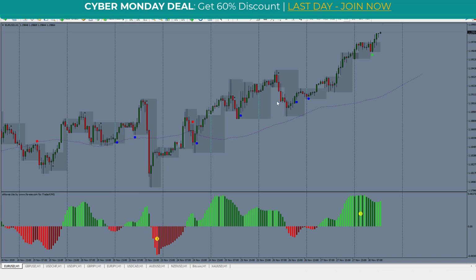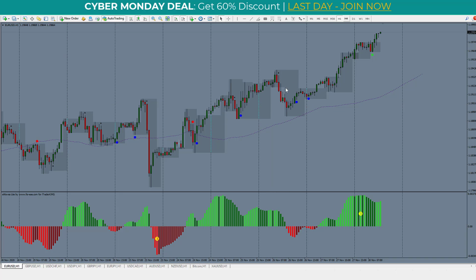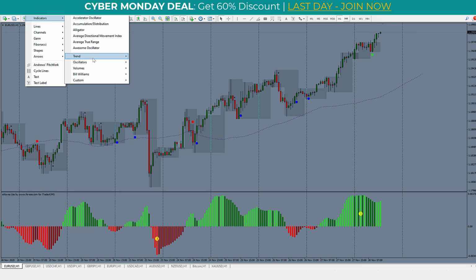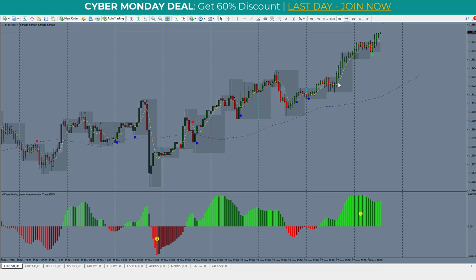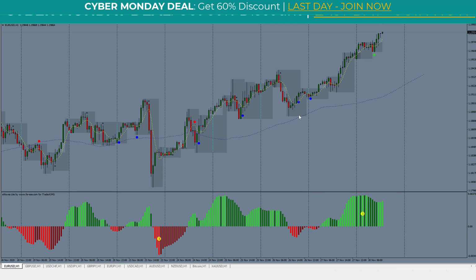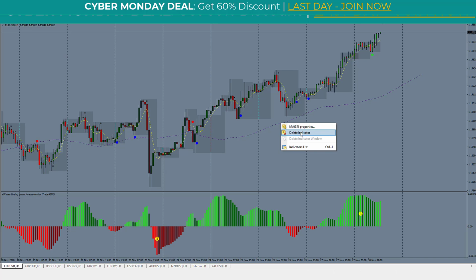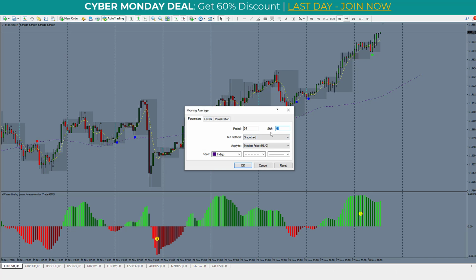Okay, so now I have removed the gator just to show you why we have this. So I'm going to bring a moving average. It's going to be a 5 simple moving average. I color it yellow so it's bright on the screen.